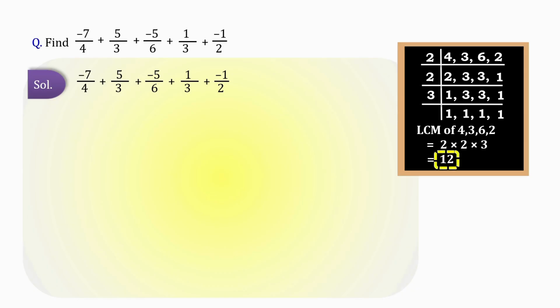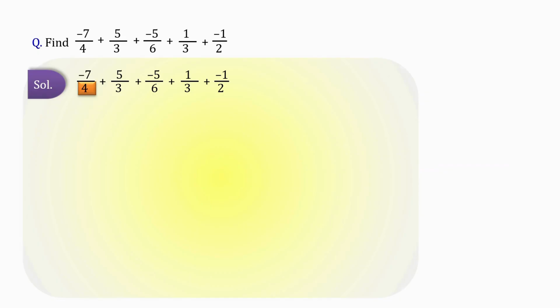So we got the LCM as 12. So now we need to multiply 3 in the numerator and denominator. Then the denominator will become 12.